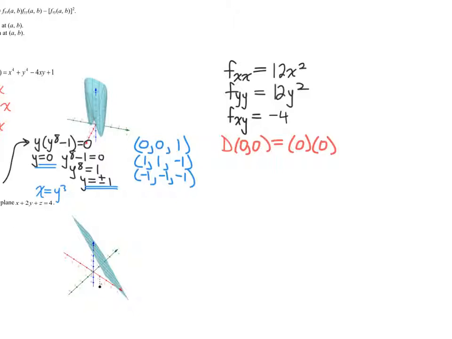So plugging the a, b values into the second order partial with respect to x, it doesn't call for a y, so I only have to plug in the x value. The f of y, oh, that should have been a, no, it's still a 0, because I'm plugging in a 0 there. But then we're going to subtract the -4 squared. So subtract -4 to the second power, and that's going to give me a 16. Minus 16. -16.